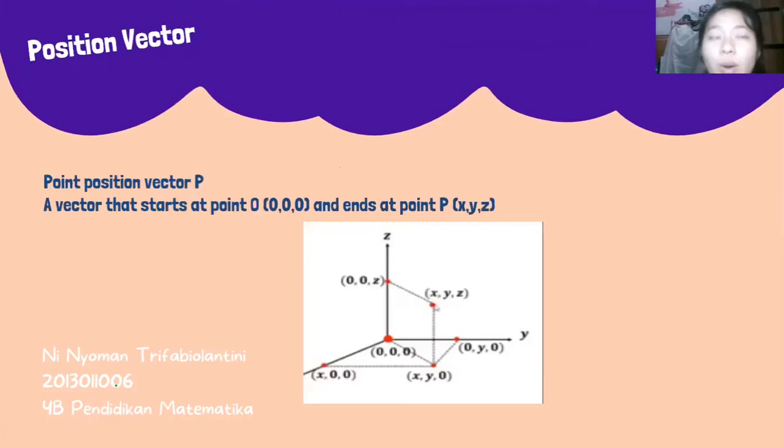The next is position vector in 3 dimensions. The position vector of point P is the vector that starts at point O, which is (0, 0, 0), and ends at point P, (x, y, z).